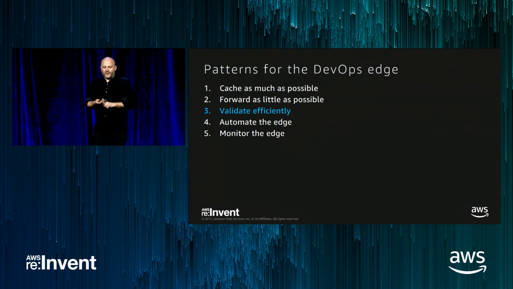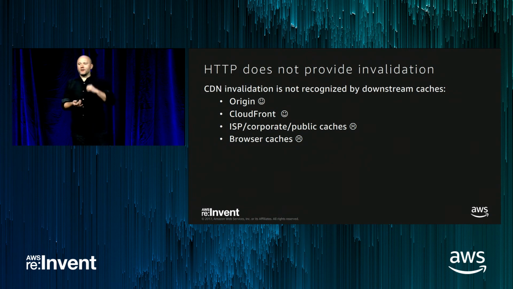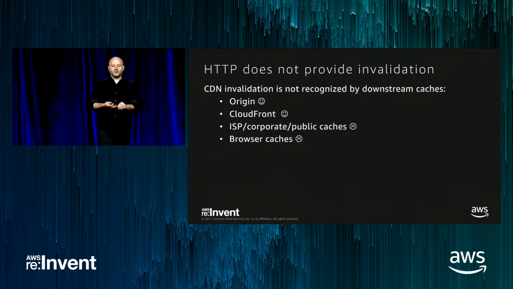So the next thing to talk about is to validate efficiently. So important point to make is that HTTP itself doesn't support invalidation, the idea being that you can invalidate something that's already in an HTTP cache. Now, many CDNs support invalidation, including CloudFront. And obviously, if you've got control and ownership of your origin service, you can invalidate local caches there.